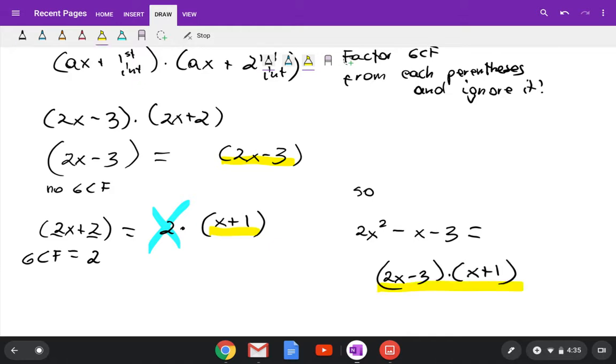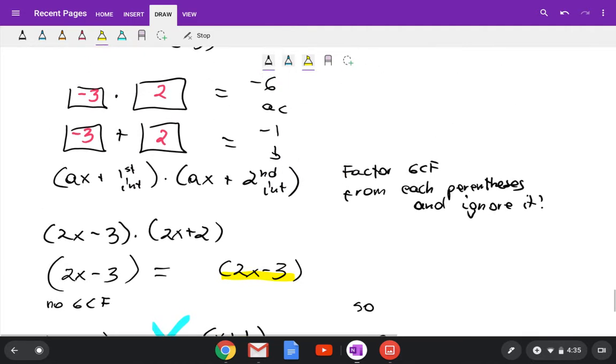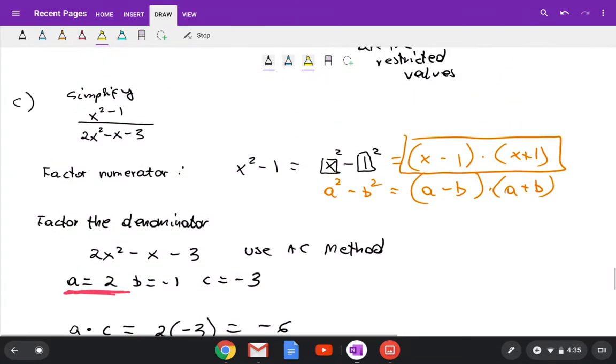Okay. And next, we're going back to the original expression, and we're rewriting this expression using our factors. So we simplify the numerator. We got x minus 1 times x plus 1.